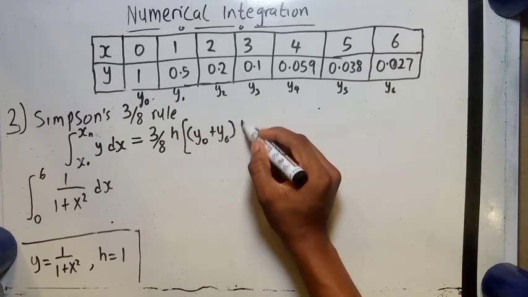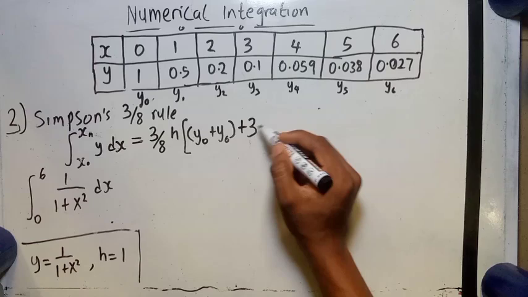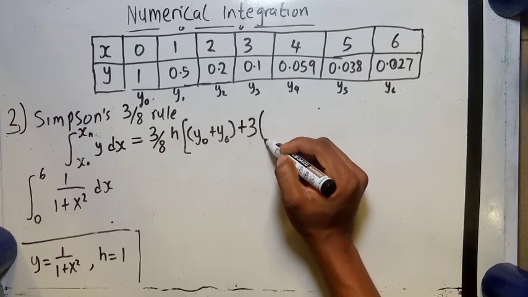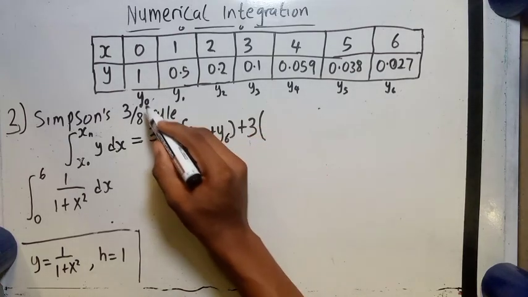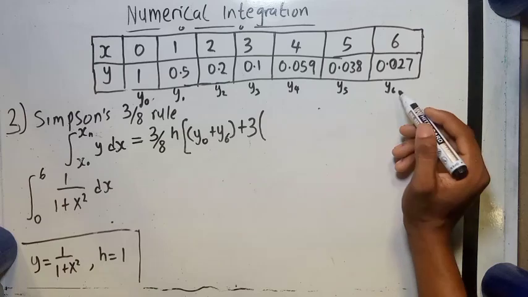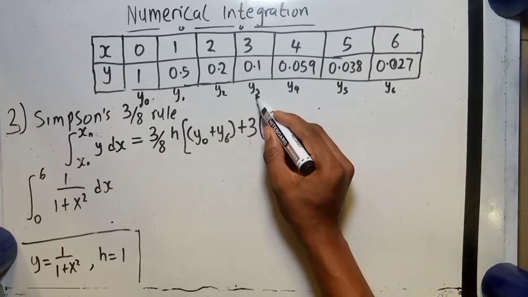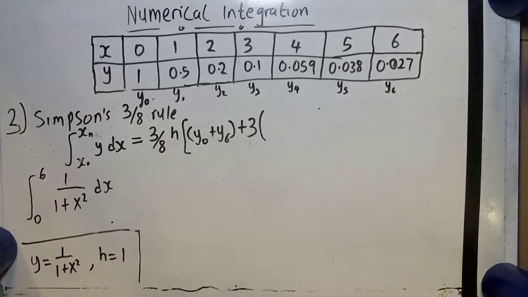Then you add this to 3 multiplied by every other thing that is not the first and the last, and is not a multiple of 3 in its subscript, like y3, y6, y9.